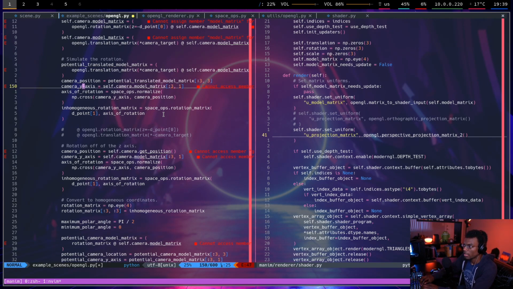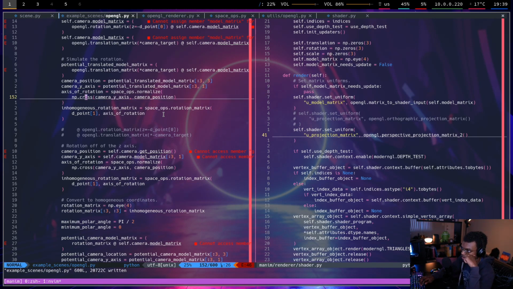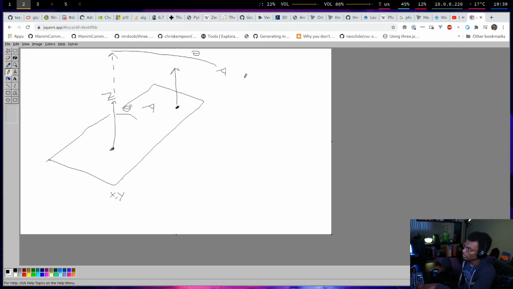Get the y-axis. And that's going to be the potential translated model matrix. Then I'll take the second column of that. Get this axis of rotation. Cross the camera's y-axis with a position. That's an interesting way to do it. I guess the camera's y-axis will be like this, and I'm crossing that with the position vector, which is like this.